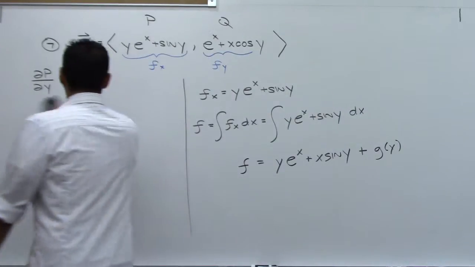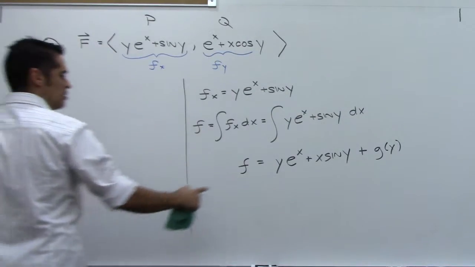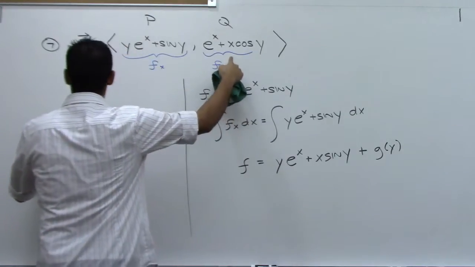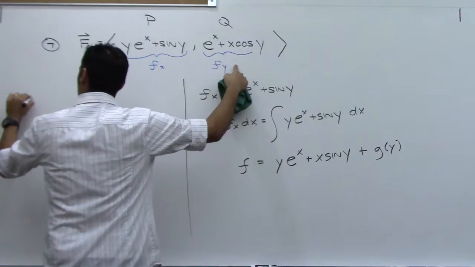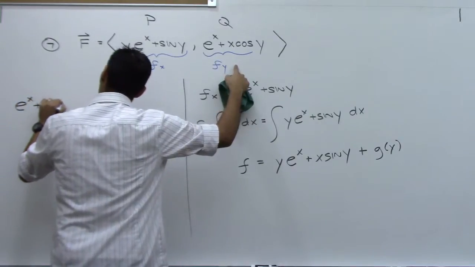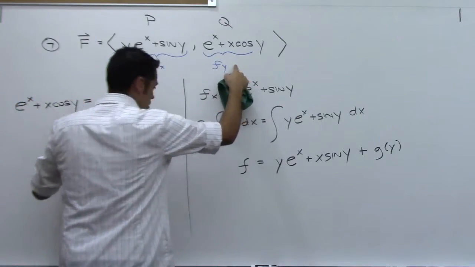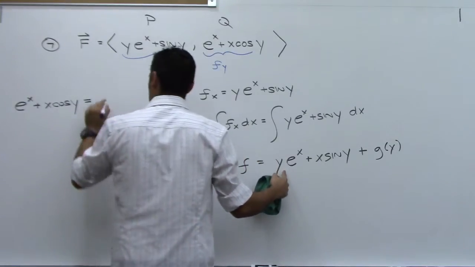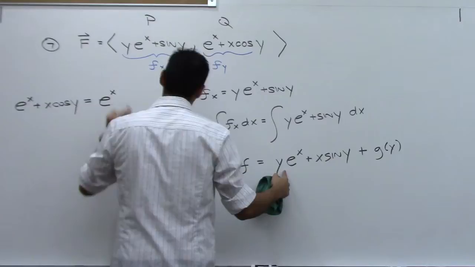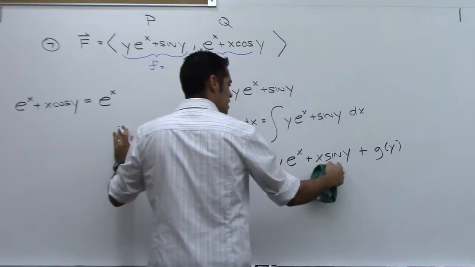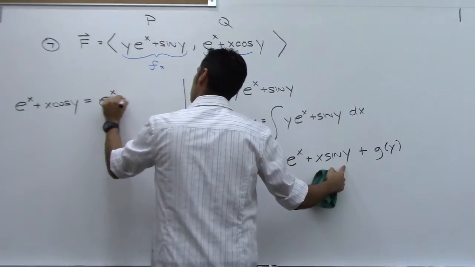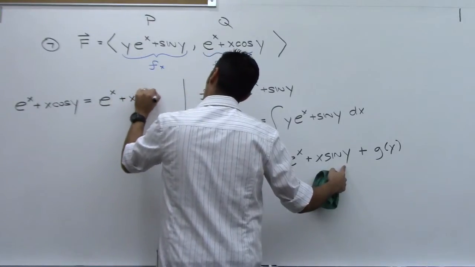Now, I'm going to take the fact that when I take the partial of this with respect to y, I should get this. So I know that e to the x plus x cosine y must equal this with respect to y. So we get e to the x. Then here, derivative of sine y is cosine y, but then there's an x in front of it, so x cosine y.